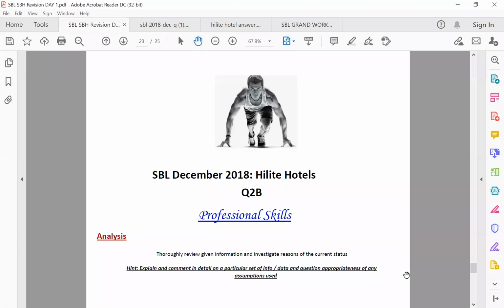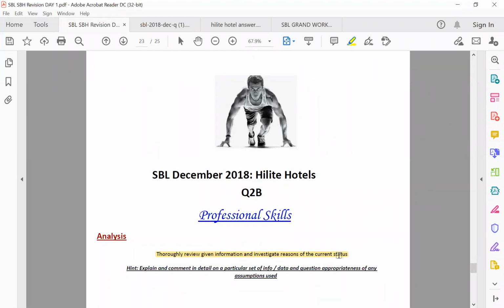When the question says you have to analyze the given situation, you need to thoroughly review the given information and investigate the reasons for the current status.